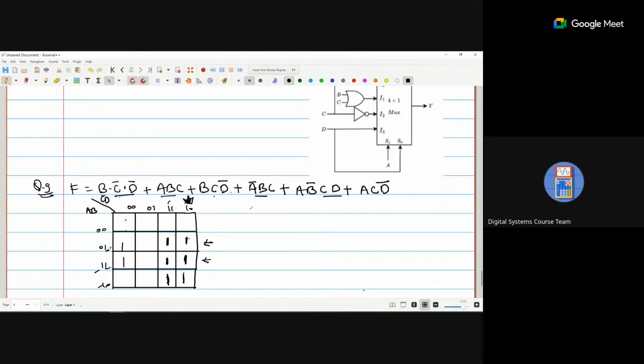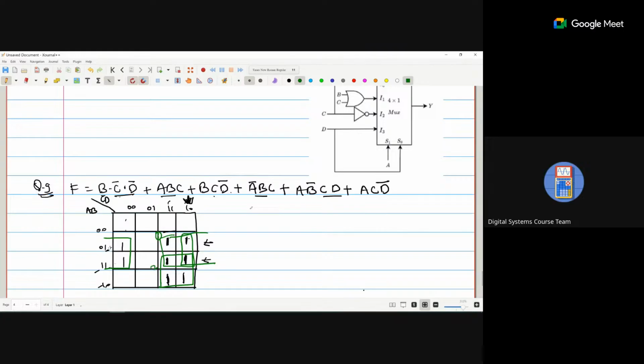Now if I create a group, 3 groups are possible.